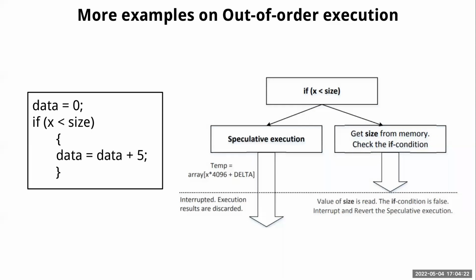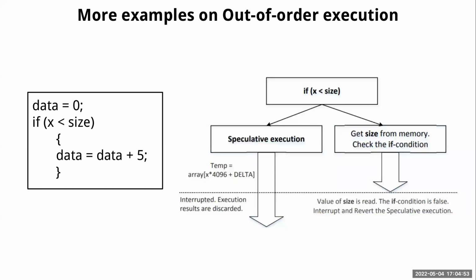The CPU will choose one branch to do out-of-order execution. Maybe future CPUs will be able to execute both, but right now no CPU can do that. We can only choose one branch and execute.